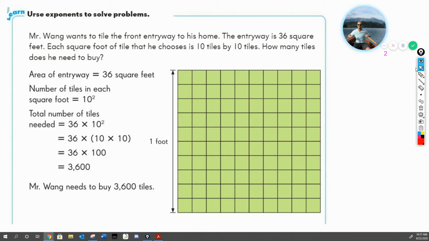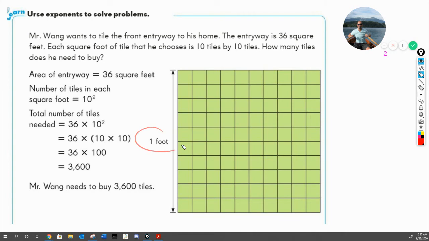Okay, so in his entryway, it's 36 square feet. The number of tiles in each square foot is 10 squared. So what this represents, my friends, is that tiles actually come in little sheets. It's saying it is 1 foot by 1 foot, or 10 tiles by 10 tiles, right?